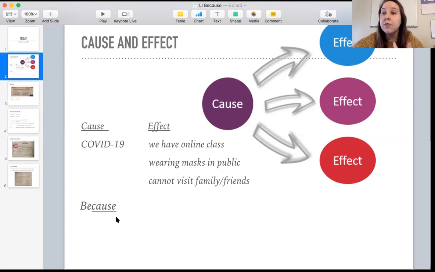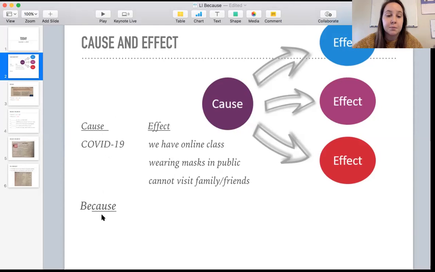As we are writing these sentences, they are going to be more complex sentences because they're going to talk about both the cause and the effect. So not just one or the other, but both of them and how they relate. We are going to be using because, and it's always going to be linked to the cause.